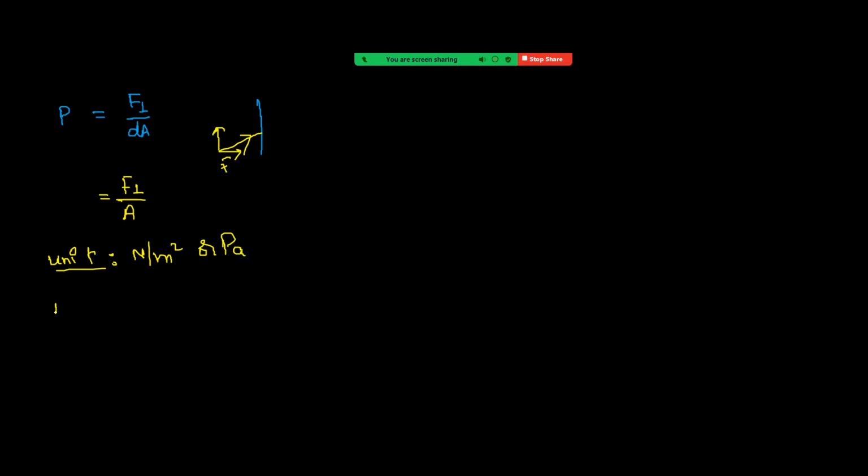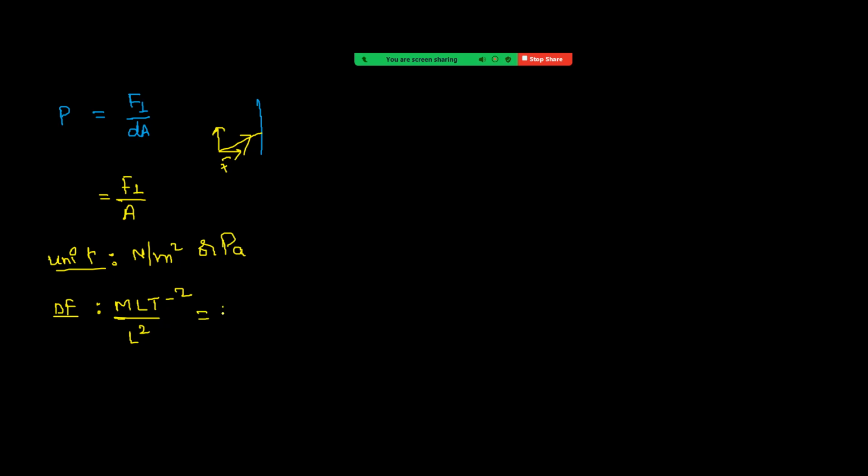And if you take the dimension formula, Newton is a force. Force is mass into acceleration, and acceleration is meter per second square. So M L T power minus 2 upon meter square, that is L square.